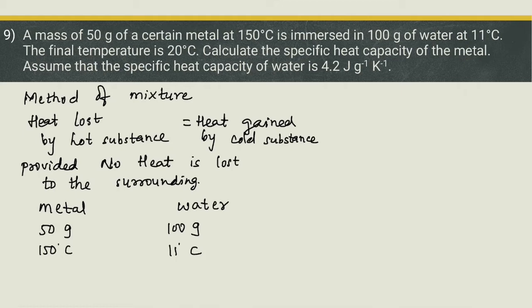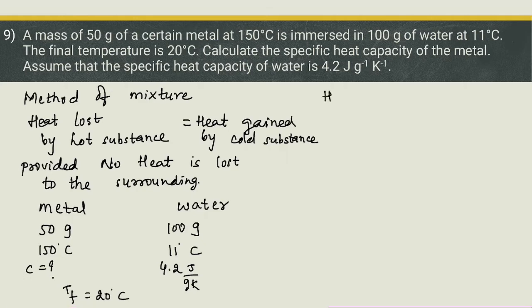We want to find out specific heat capacity of metal. Specific heat capacity of water is given 4.2 joule per gram Kelvin, and the final temperature of the mixture is also given, 20 degrees Celsius, meaning temperature of metal decreases from 150 to 20, and the temperature of water increases from 11 to 20 degrees Celsius.